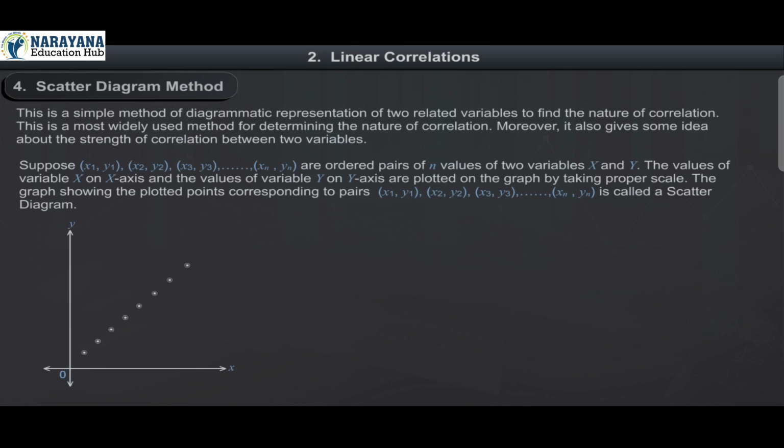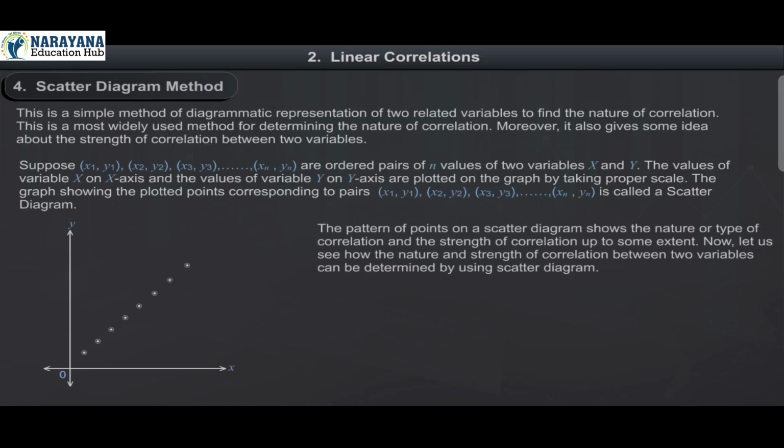The graph showing the plotted points corresponding to the pairs (x1, y1), (x2, y2), (x3, y3) up to (xn, yn) is called a scatter diagram. The pattern of points on a scatter diagram shows the nature or type of correlation and the strength of correlation up to some extent.